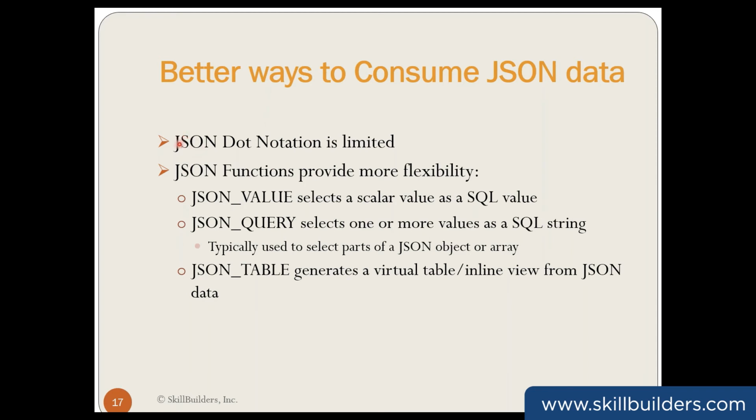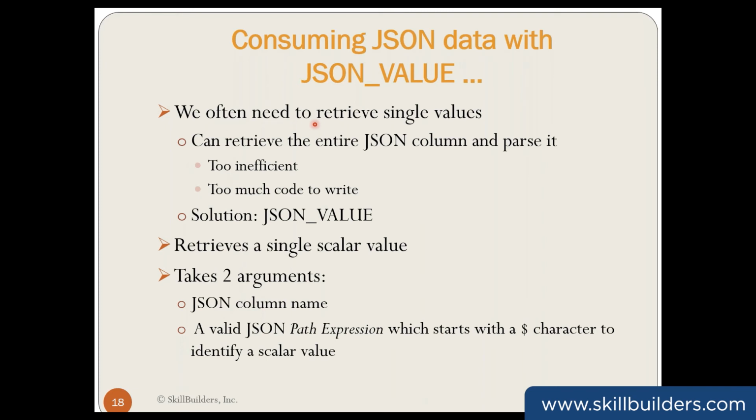Okay, JSON dot notation is limited. There are basically three functions that Oracle has provided: JSON_VALUE, JSON_QUERY, and JSON_TABLE. All are provided as of Oracle 12, so you don't have a problem there. Let's get into those as much as we can. You're going to use JSON_VALUE to get a single value.